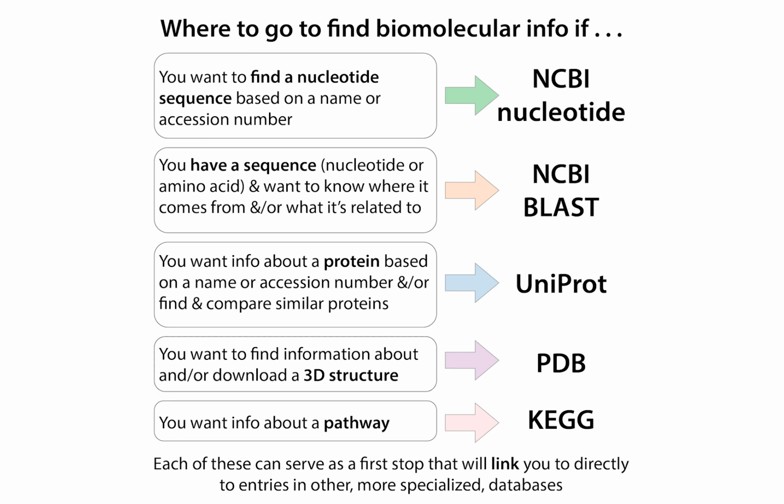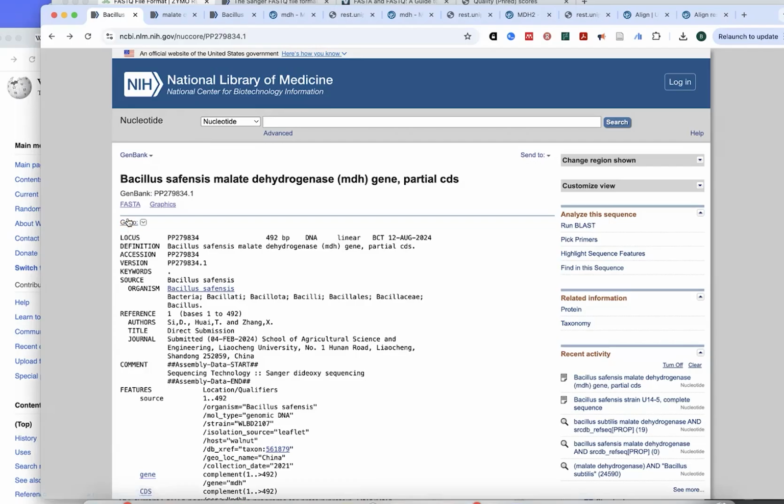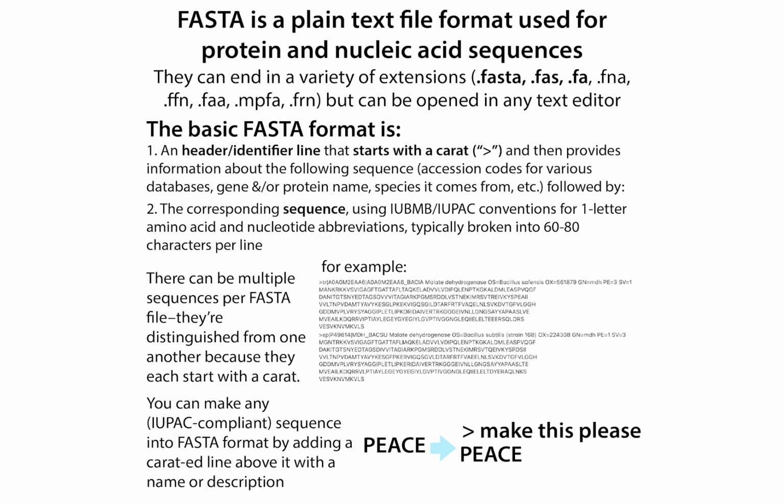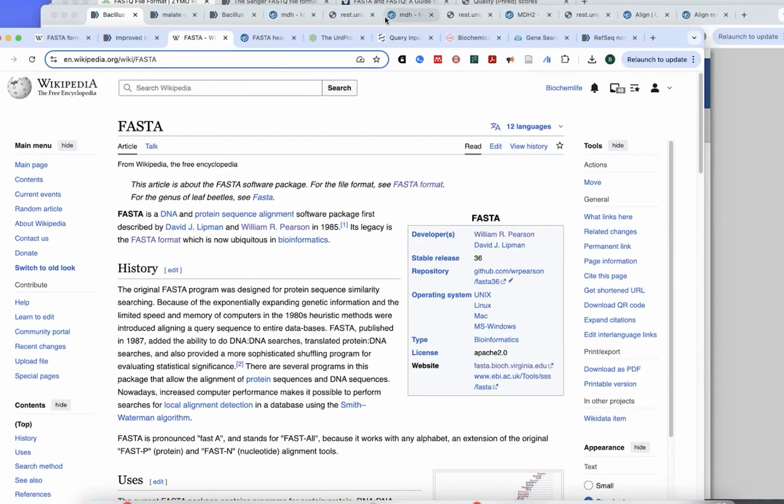More on those elsewhere, but I'll show you the basic ways you can get this FASTA information, as well as what it means. You can also, if you have any sequence in the proper sequence format, just stick a caret header line on top of it, and that will make it into a FASTA format. So I'll show you where you can get the FASTA data from the databases, but first let's go into the basic format.